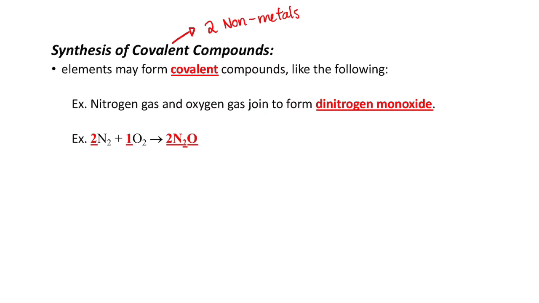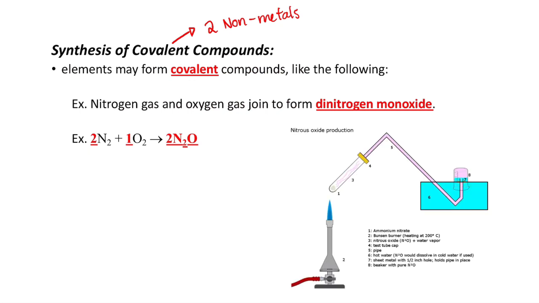So again, we need to balance. So we've got 2 parts nitrogen gas plus 1 part oxygen gas gives us 2 parts of the dinitrogen monoxide. So this is made up of 4 nitrogens and 2 oxygens if you were to actually count the atoms involved in that compound after it was balanced.